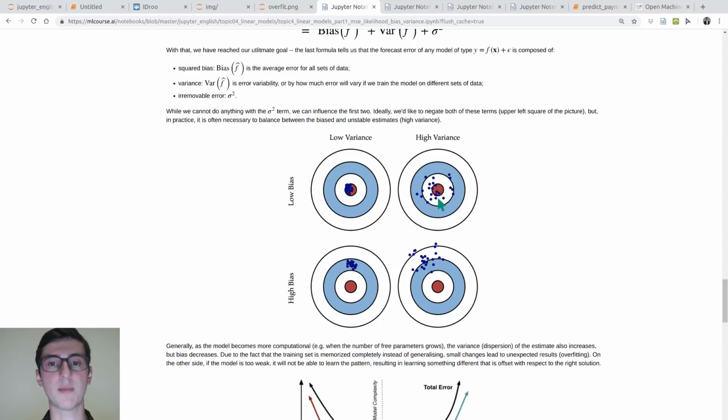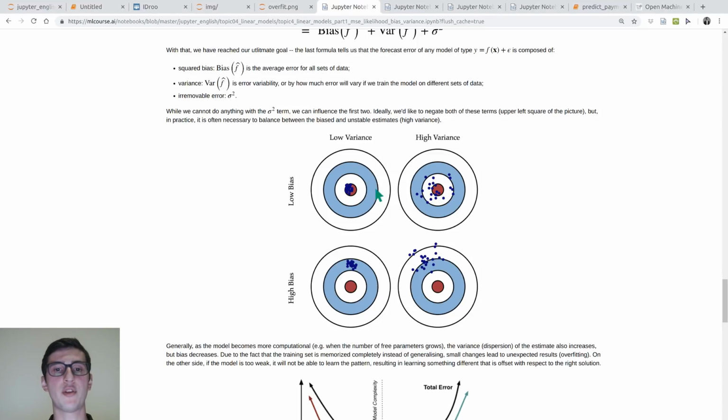They've got some variance, but they are around the desired red spot. An awful case for a shooter will be the one in the bottom right picture: high variance and high bias. The ideal case is low variance and low bias.